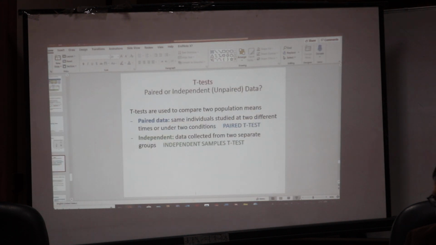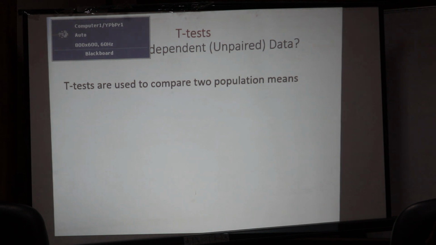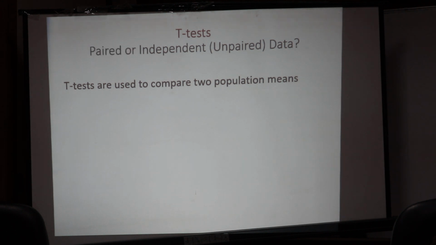We go to the other one, the opposite one, the independent t-test. We usually have, for example, gender. We need to measure the difference in the age of females against males, okay? Or the difference in age between the first class and second class.